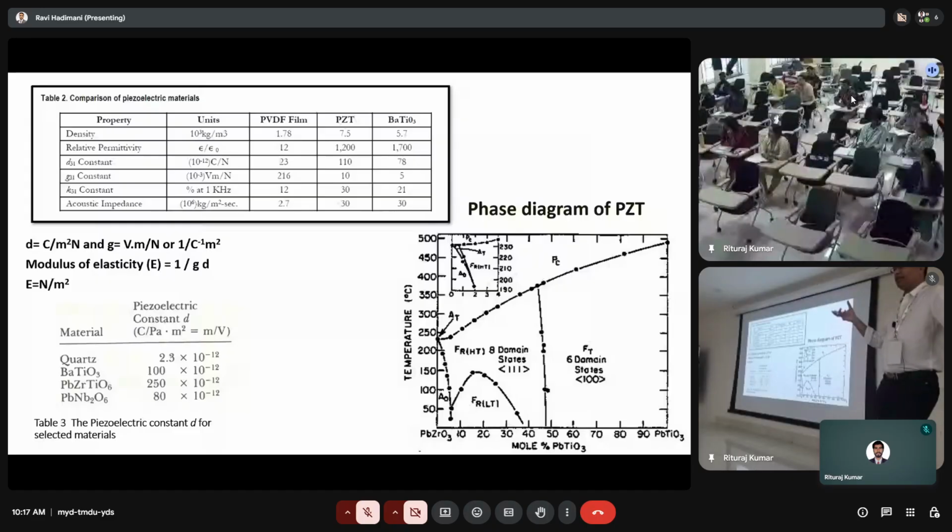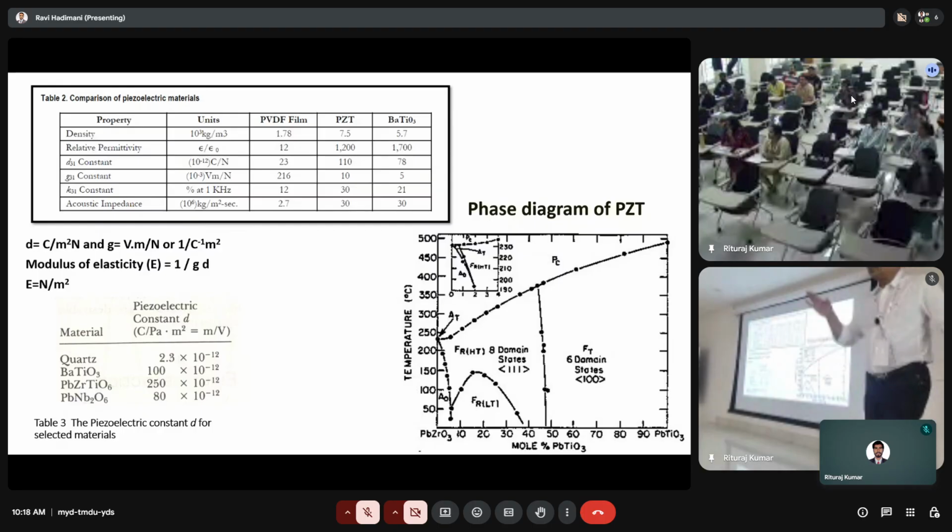So what about the other side, the converse effect? If there is pressure or actuation, it generates voltage. How can you make use of that? So you're generating voltage. You can use them as sensors, right?